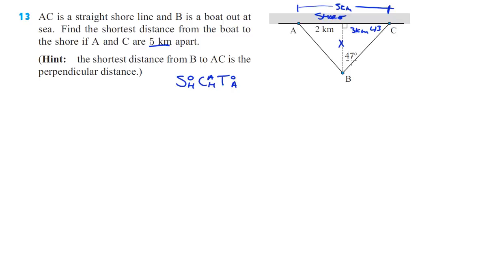So from this angle, that side is the opposite. This side is the adjacent. So we're going to use tangent. Tangent of 47 equals opposite, which is 3, over adjacent, which is x. These two are going to swap spots. So we get x equals 3 divided by tangent 47 should be the shortest distance from the boat to the shore.